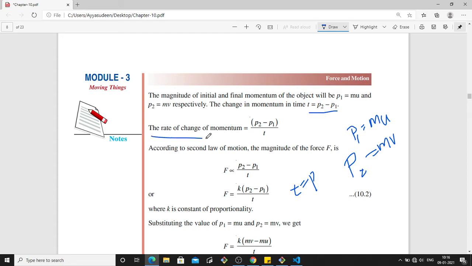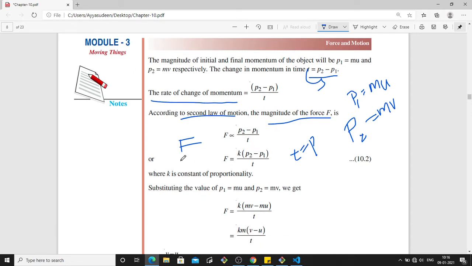How to find the rate of change of momentum? To find the rate, we divide by the time t. So (p2 minus p1) by t is the rate of change of momentum. According to the second law of motion, the magnitude of force F is directly proportional to (p2 minus p1) by t. Now we will have a constant of proportionality, denoted by k.